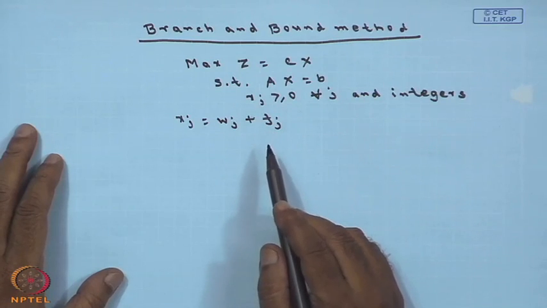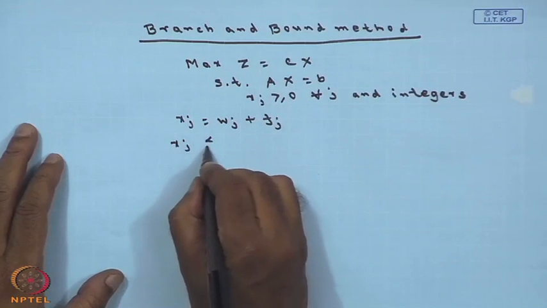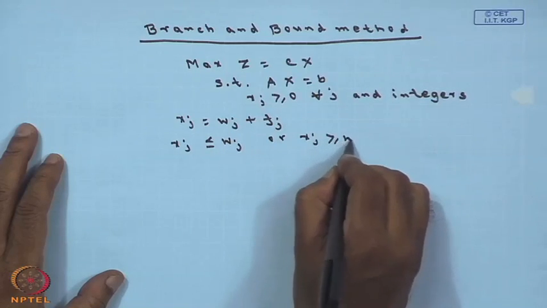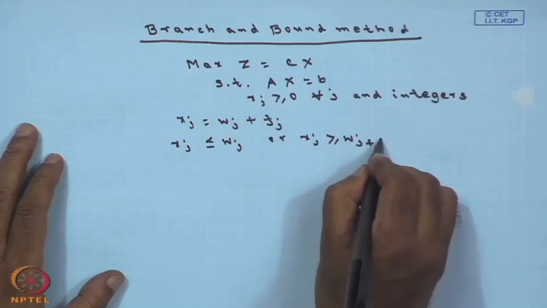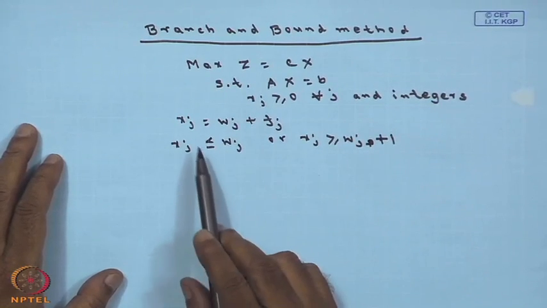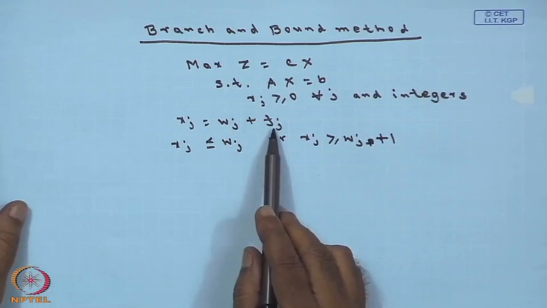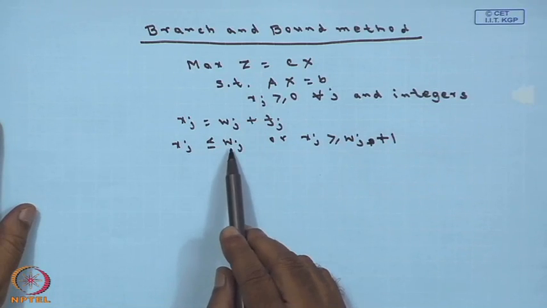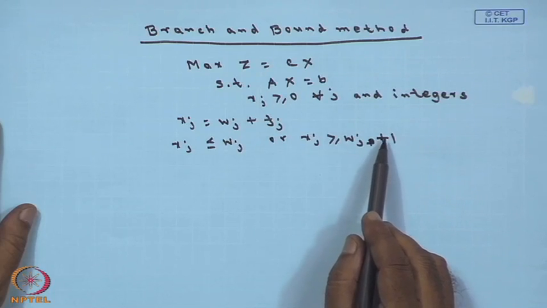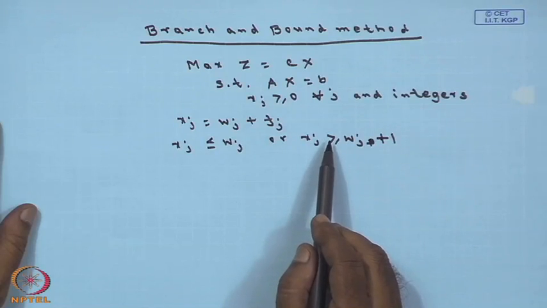Any feasible integer solution of the problem will satisfy either x j less than or equal to w j, or x j greater than or equal to w j plus 1. In other sense, you are getting a lower bound and an upper bound for x j.